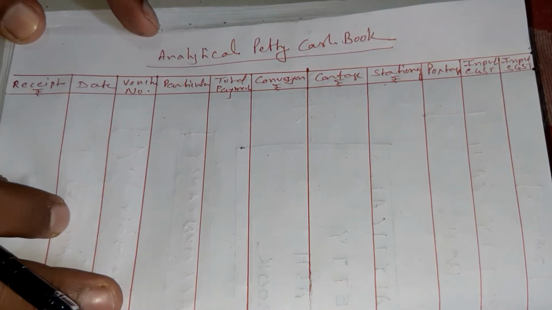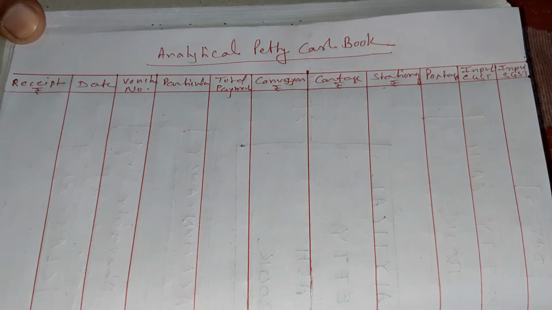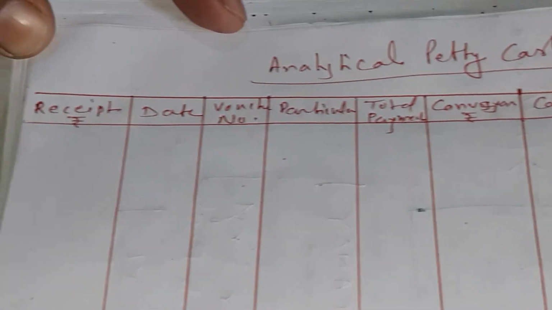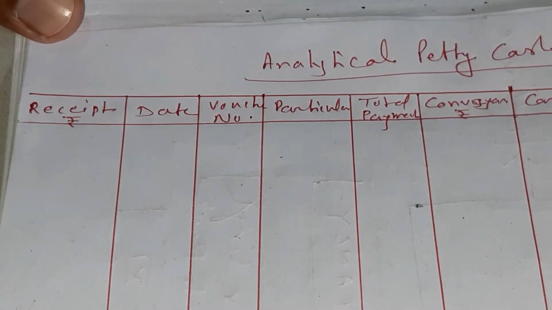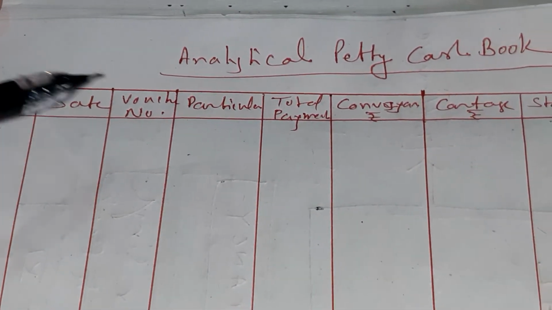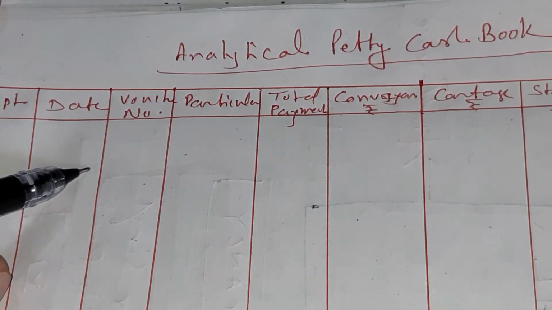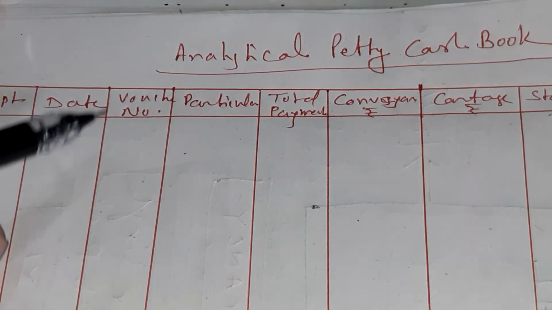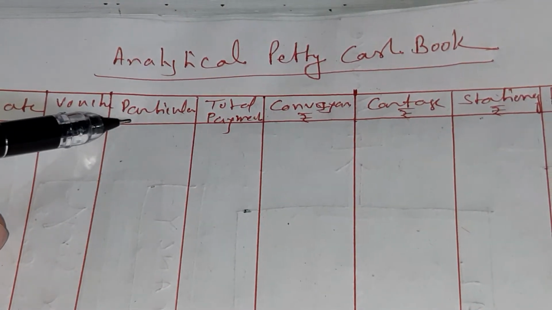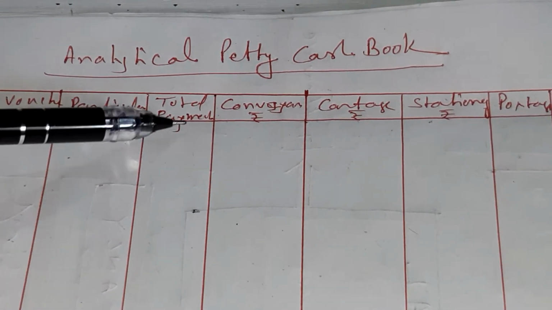So this is the format of the analytical petty cash book. The simple petty cash book I already discussed in my previous class, and in this class I will discuss the analytical petty cash book. I think you can see it very well. Here you will write receipt rupees, here the date, the voucher number, the particulars, and the total payments.